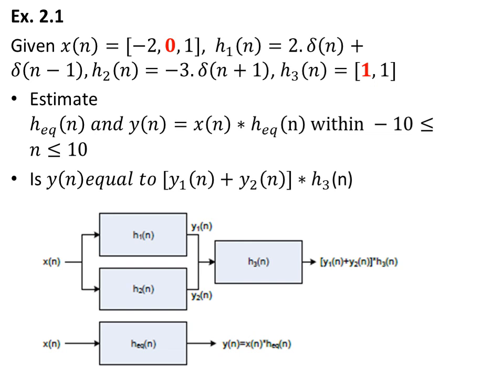Then in the next one, you have to find out what is HEQn from the previous knowledge that you have, right? So H1n and H2n are in parallel, and that part will be in series with H3n.